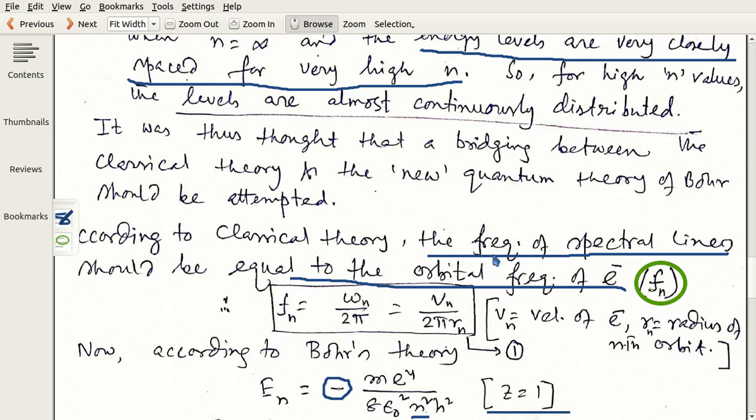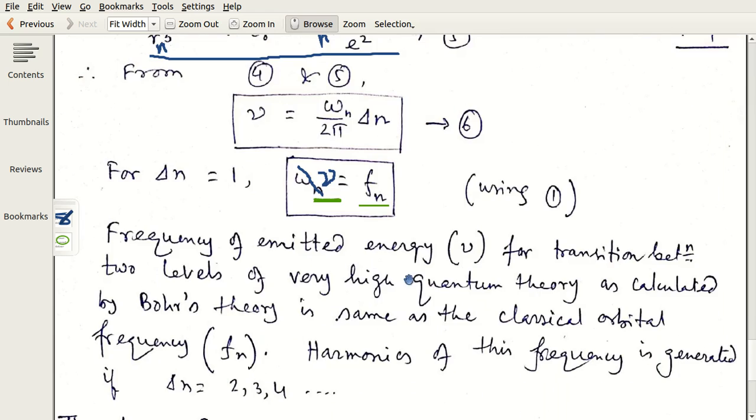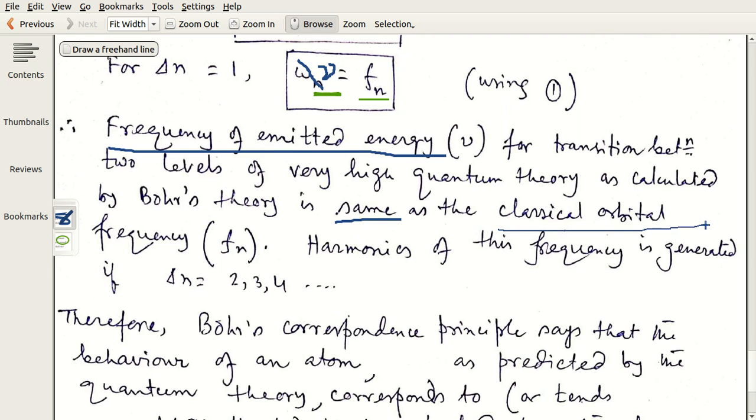According to classical theory, the frequency of the spectral line should be equal to the orbital frequency of the electron, and from the calculation of Bohr's theory we find that it is happening. Therefore, the frequency of the emitted energy for transition between two levels of very high quantum number, as calculated by Bohr's theory, is the same as the classical orbital frequency Fn.